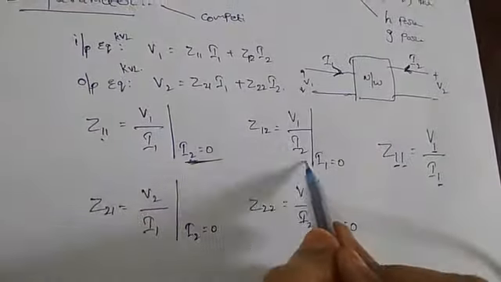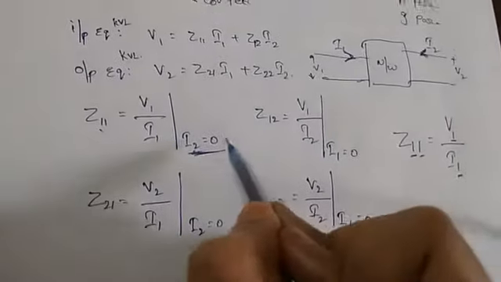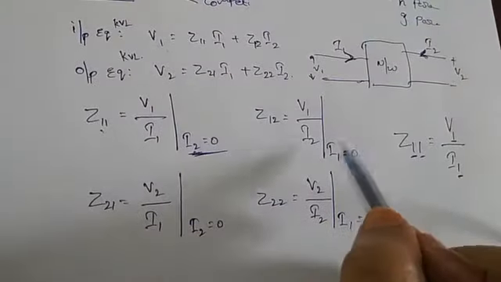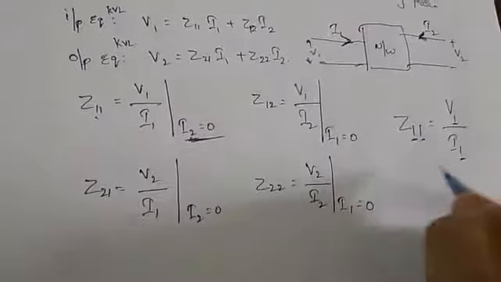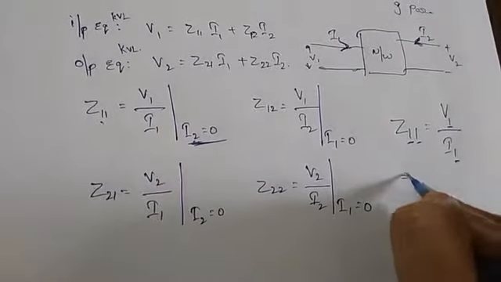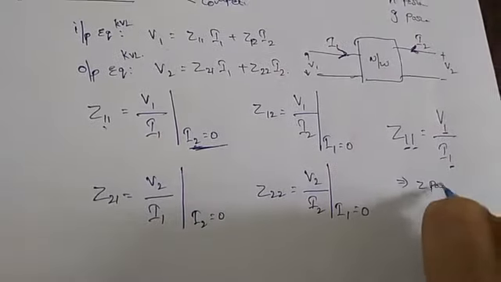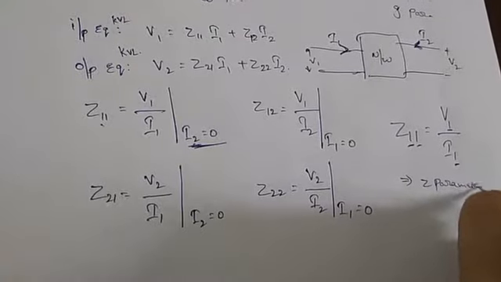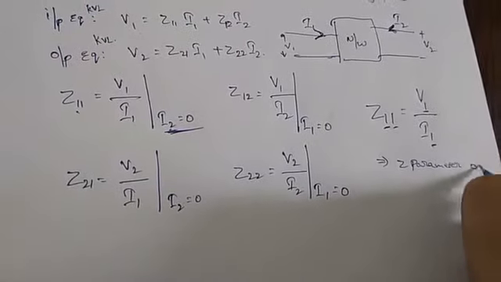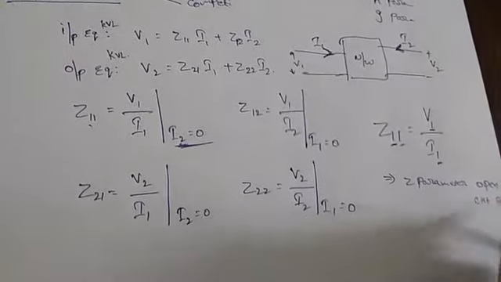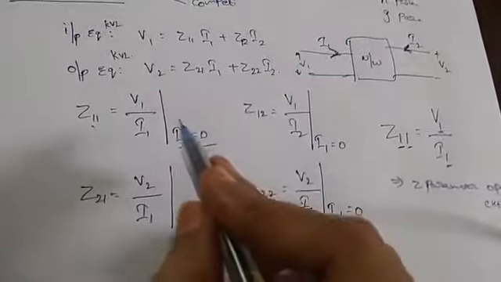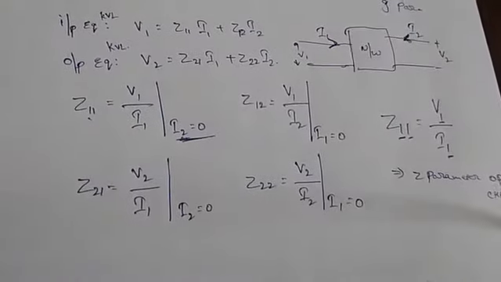If you observe all the conditions at a glance, either the input current may be 0 or the output current may be 0 in all the conditions. For that reason, Z parameters are termed open circuit parameters, since either input or output is open.